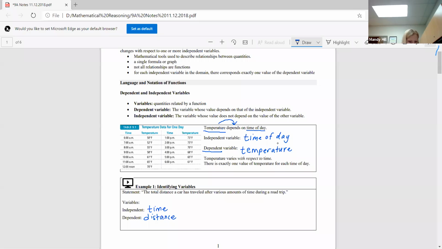Okay, so our variables are distance and time. And the reason that we have these in the places they are, independent and dependent, is because the distance depends on how much time has gone by.